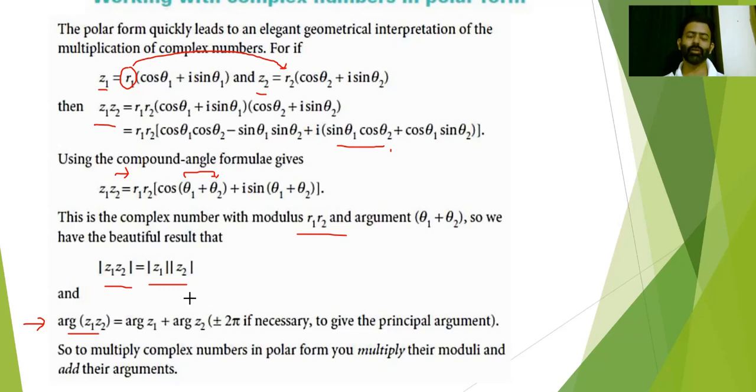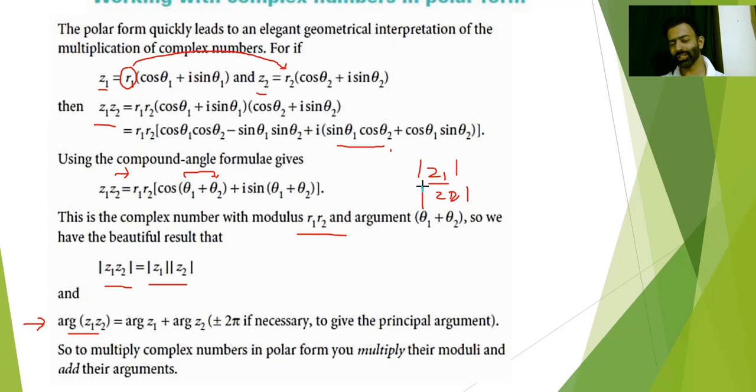The same thing we can do in the case of division also. If you are dividing two complex numbers z1 and z2, their magnitudes will be divided separately, written as z1 by z2, and their arguments in that case will be subtracted. So the argument of z1 divided by z2 becomes argument of z1 minus argument of z2, and in the case of multiplication it is argument of z1 plus argument of z2.